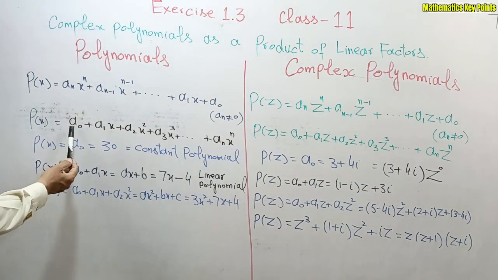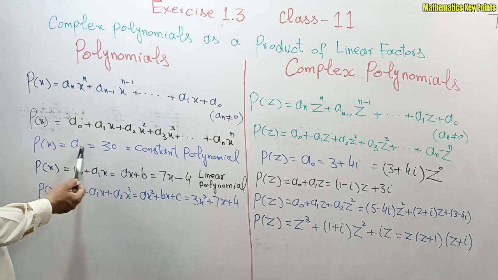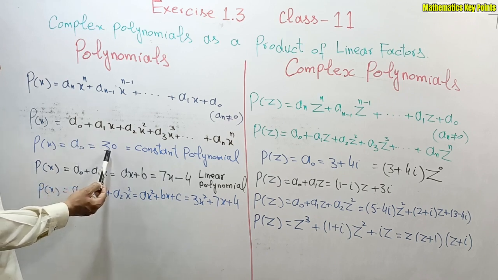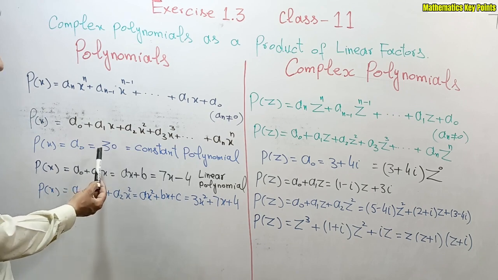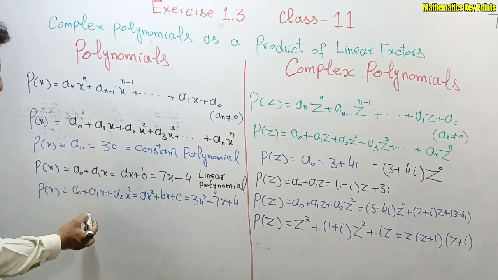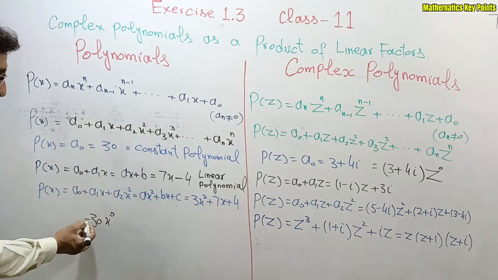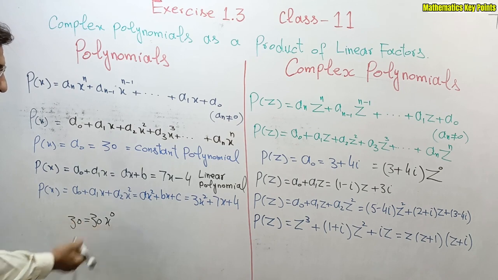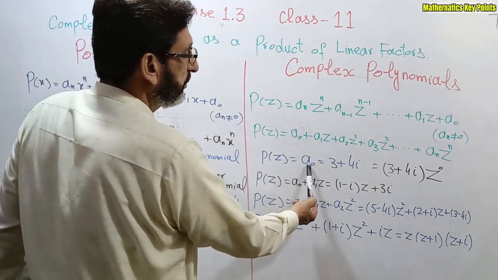If we take the first term a0, p of x is equal to a0, it is called a constant polynomial. We can write any constant. Suppose a0 is equal to 30. It means it is a constant polynomial, and the degree of this constant polynomial is always 0 because we can write it as 30x power 0. In the same way here, if we write a0, this is a constant polynomial.